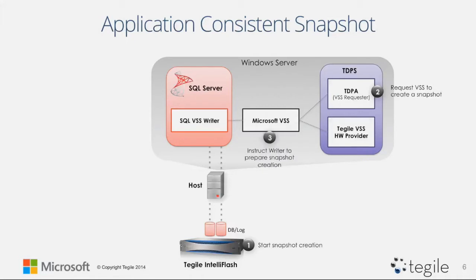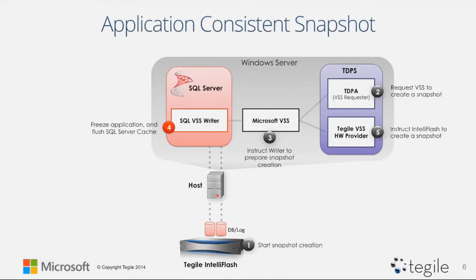This will instruct the writer, the Microsoft VSS, to prepare the snapshot for creation. And this VSS framework will now talk to SQL Server and many other applications on that Windows server to stop accepting requests which are not read-only, which require updates. And it will also instruct them to flush any information down to the actual disks, so it can create a checkpoint and you can create an application consistent snapshot.